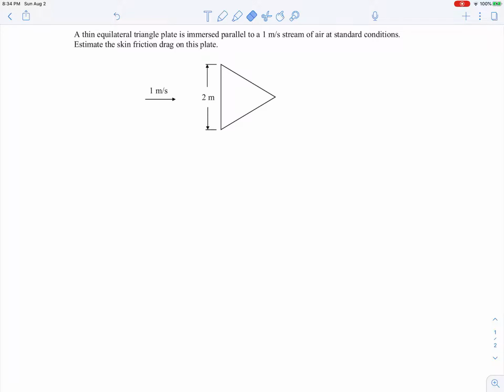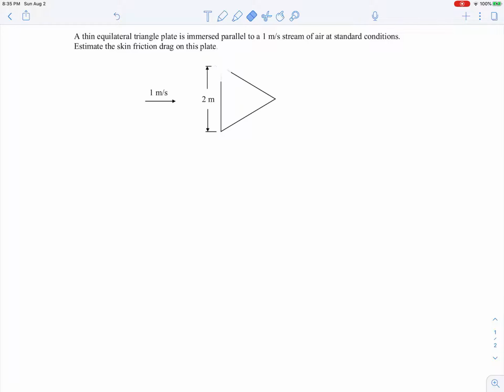The other thing to keep in mind is that the distance on the plate as we go downstream changes over the surface of the triangle. Let me put in some coordinates and then you'll see what I'm talking about. Let's call this the y direction, and this is the x direction.